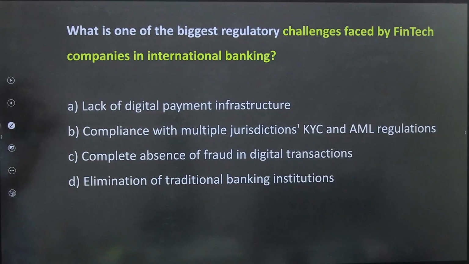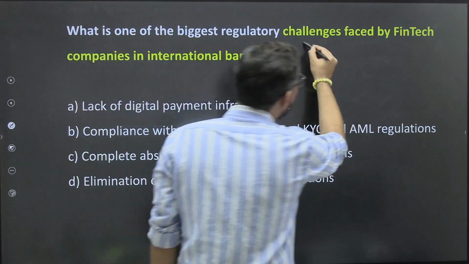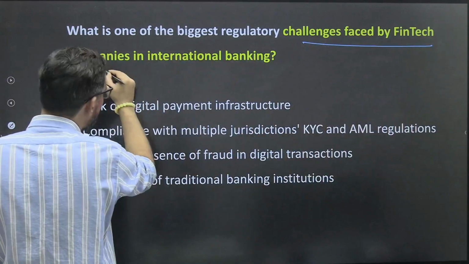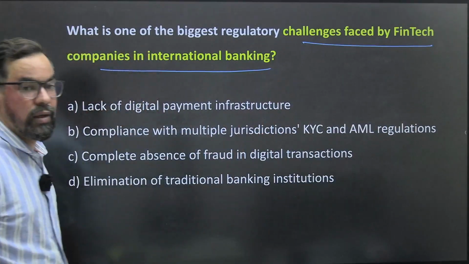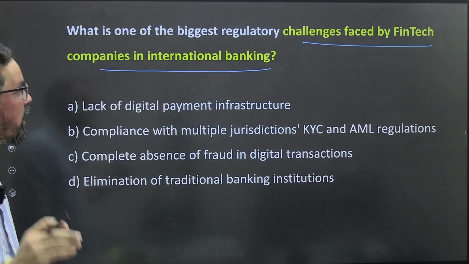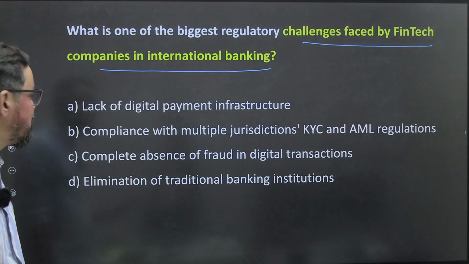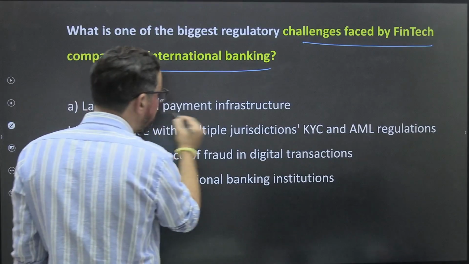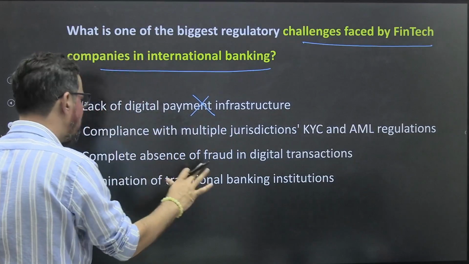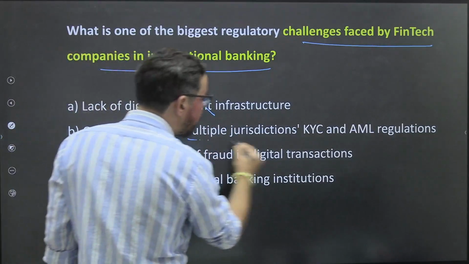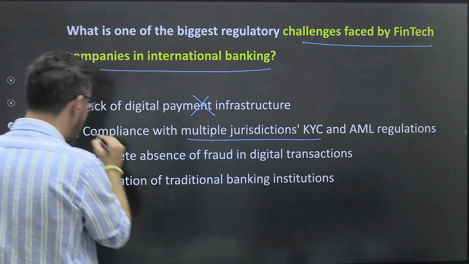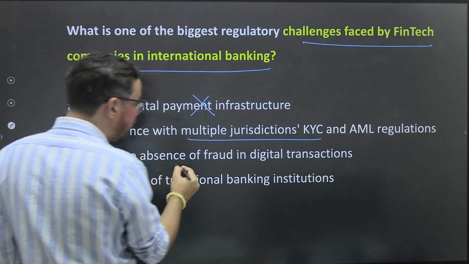What is one of the biggest regulatory challenges faced by fintech companies in international banking? Lack of digital payment infrastructure? No, it has been developed. Compliance with multiple jurisdictions, KYC, AML, it can be. Complete absence of fraud?